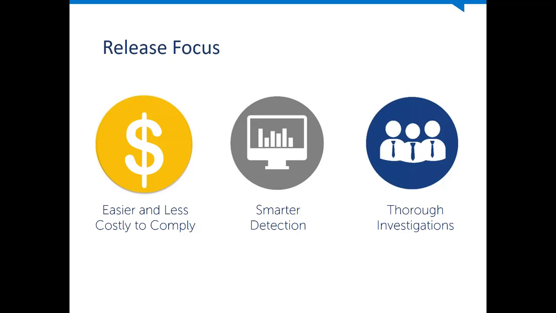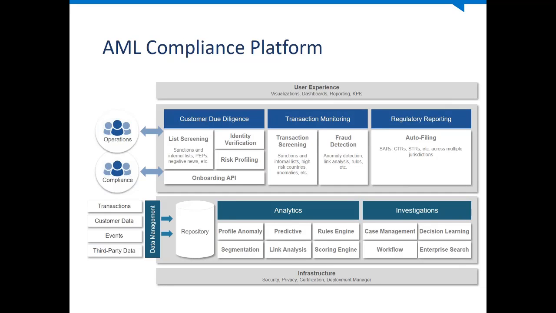Can't you then make the same decisions for me? So those are some of the things that we focused on. How are we going to make your investigations more thorough? We're doing smarter detection of suspicious activity, and we're making your compliance efforts a lot easier and more cost effective. So those are the three themes for the release.